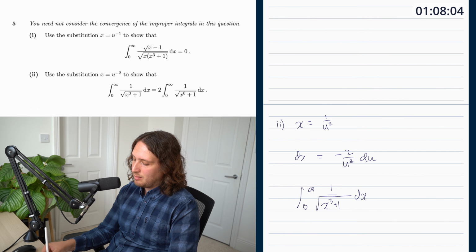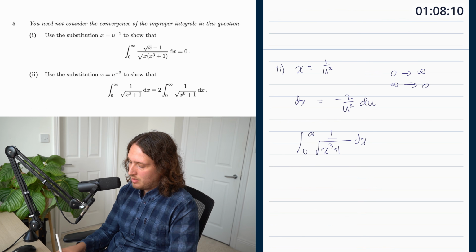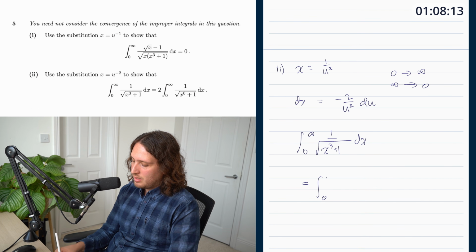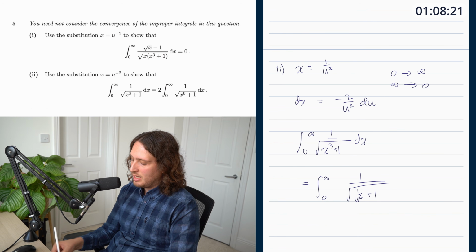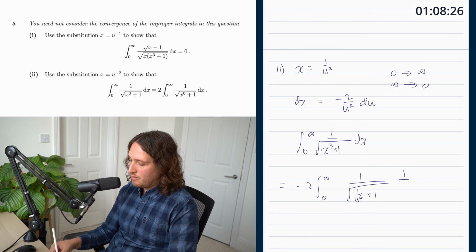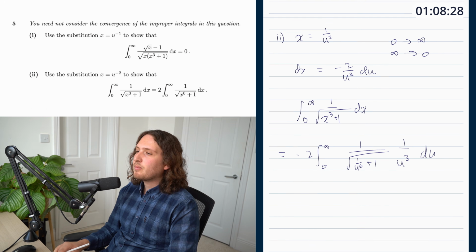Also note under this substitution, 0 goes to infinity, infinity goes to 0. My limit swap, 0 to infinity, 1 over u to the 6 plus 1. I get my minus 2, 1 over u cubed du.